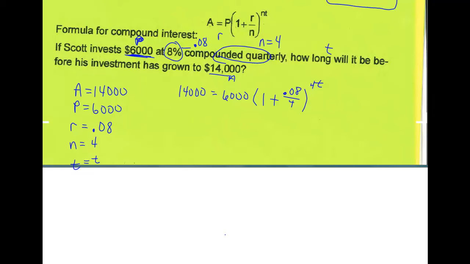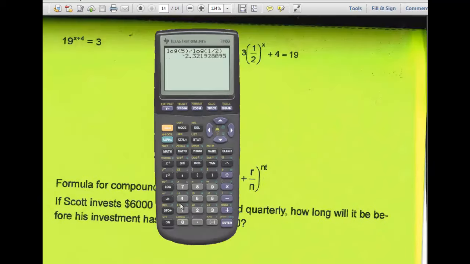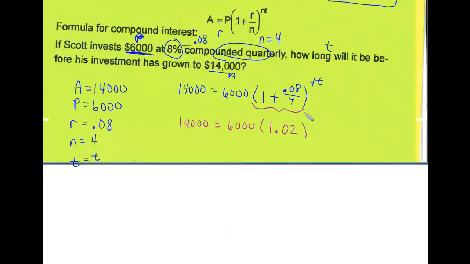To solve this, let's look at PEMDAS to help us out. PEMDAS says take care of parentheses first. So we have 14,000 is equal to 6,000 times, let's put this in the calculator, 1 plus 0.08 divided by 4, 1.02 raised to the 4 times t power.